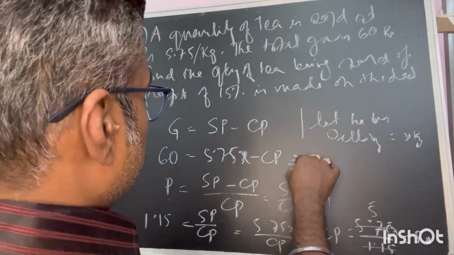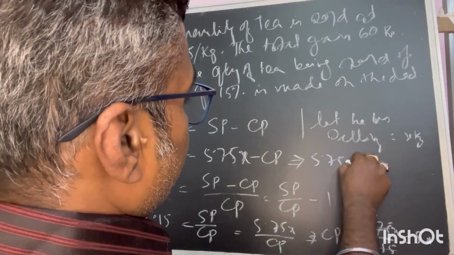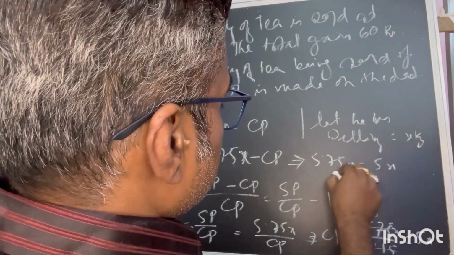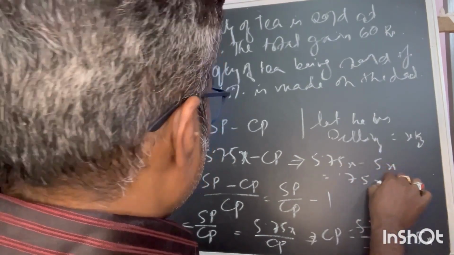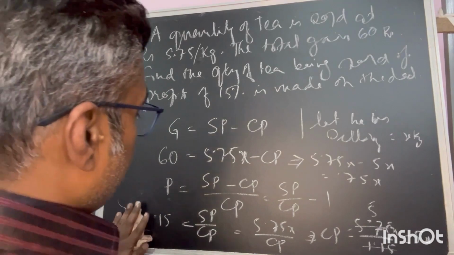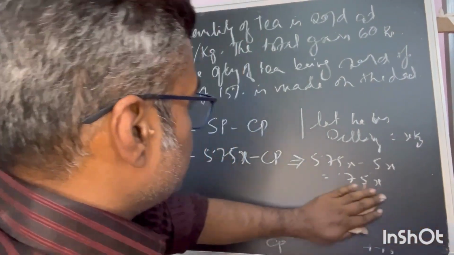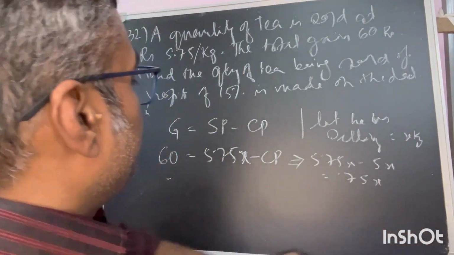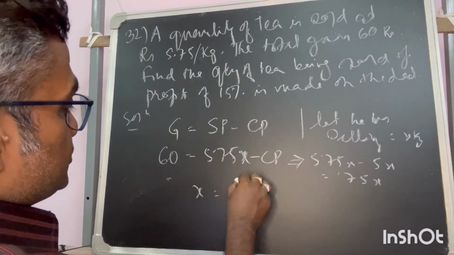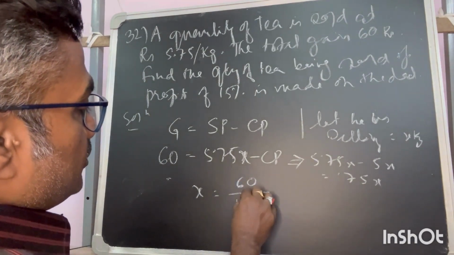Now put this in the equation: 5.75x minus 5x, that is 0.75x, is equal to 60. So what is x? We have assumed x to be the quantity.